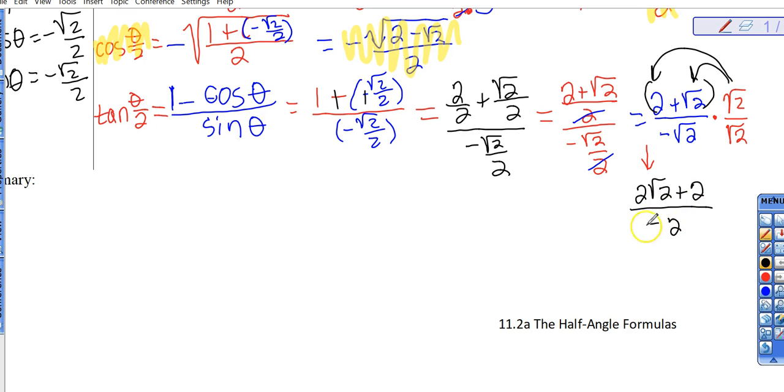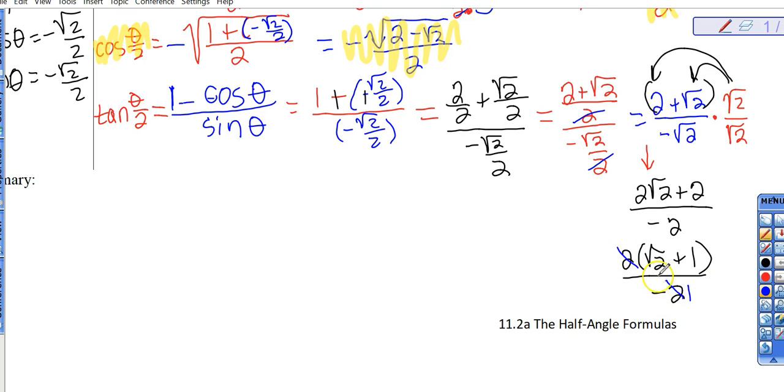And you know what you can do with that. Show it some love. Can factor out a 2, right? So that would be 2 times the square root of 2 plus 1 over negative 2. And then cancel your 2's.